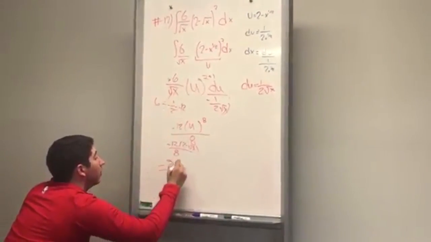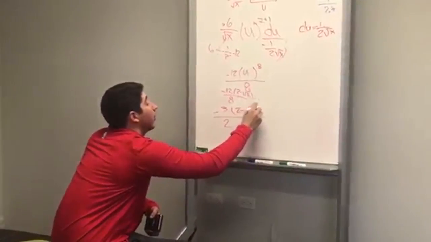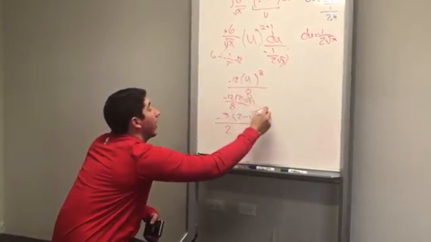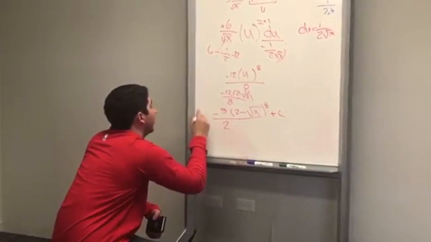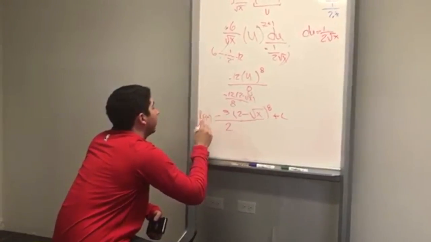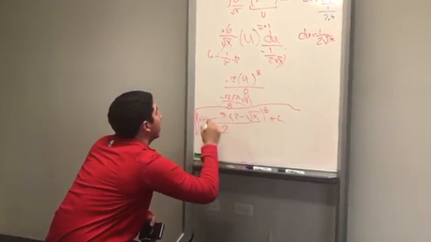Substitute the u, which is 2 minus square root of x to the 8th plus c, and don't forget to put the integration here, dx, and f of x dx.